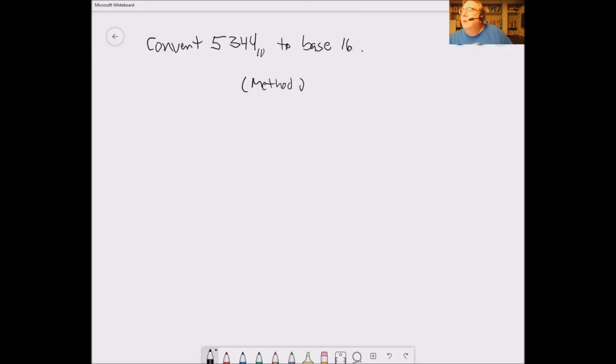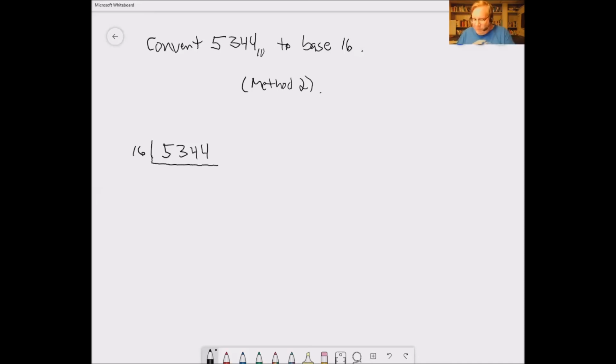Unlike last time with the official method where I actually cranked out the first several placeholder sizes for base 16, I'm just going to start dividing by 16. So watch. I'm going to take my 5344, and I'm going to divide by 16. I'm going to write it a little weird because it kind of matches up nicer here.